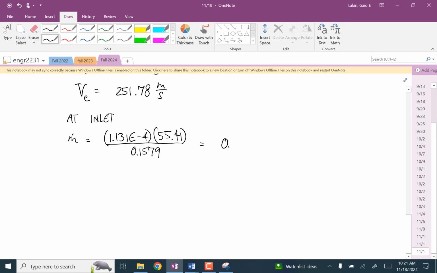And so I get 0.0397 kilograms per second.